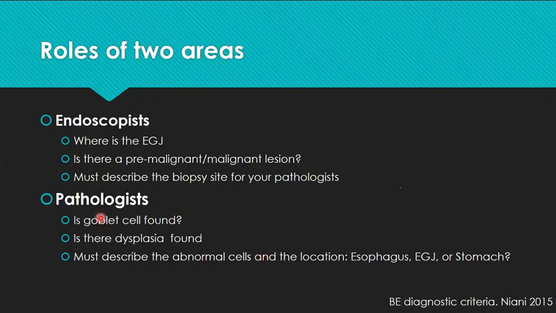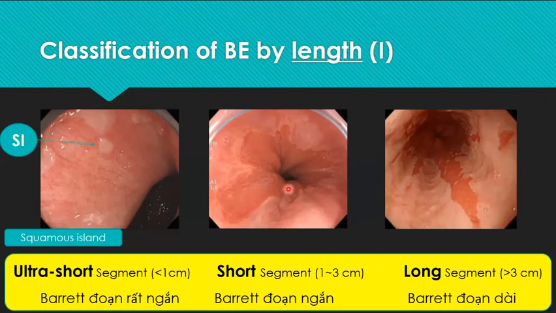But for us endoscopists, our number one responsibility is whether it's a short segment or long segment, because in most European countries and America, long segment is quite related to esophageal adenocarcinoma. But for Asians, quite interesting statistics are coming up. However, short segment is also related to cancer. So the length is important.